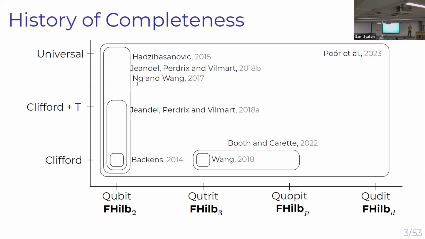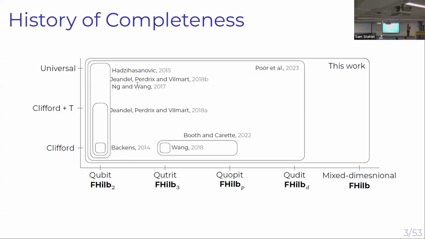So what we had last year was a calculus that was complete for all d, so all qudits. It was complete, and what this work does is it goes one step further. So these were all qudits, right? Hilbert spaces of dimension d to the power of n.